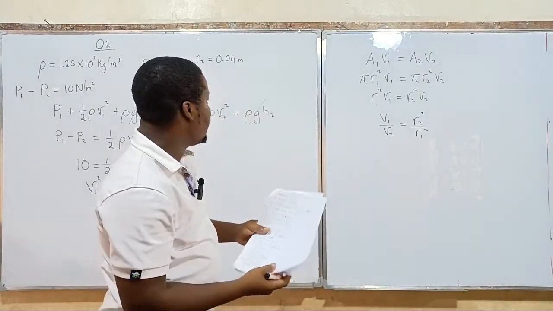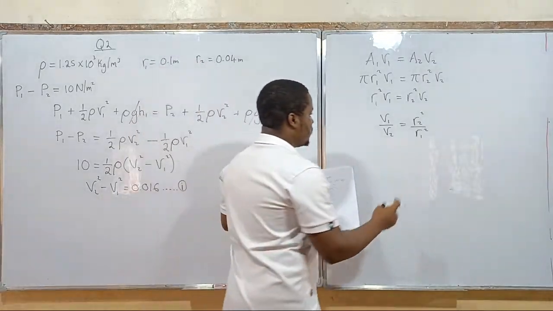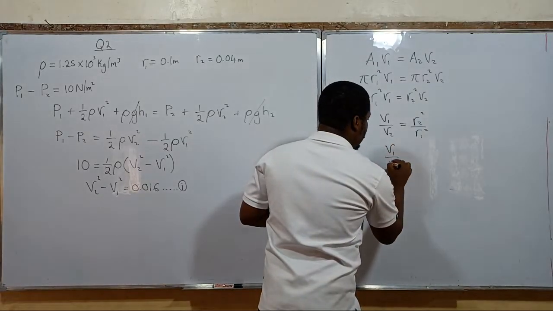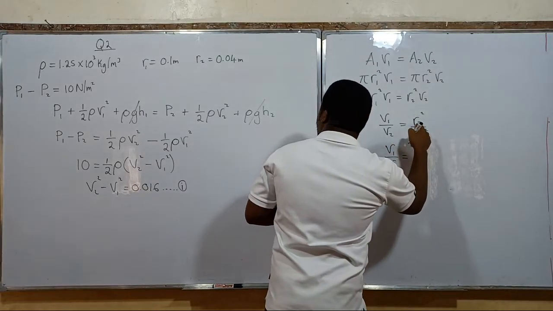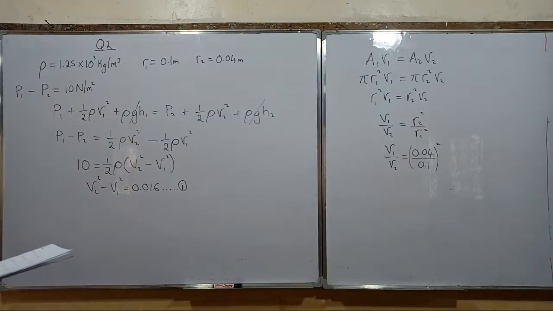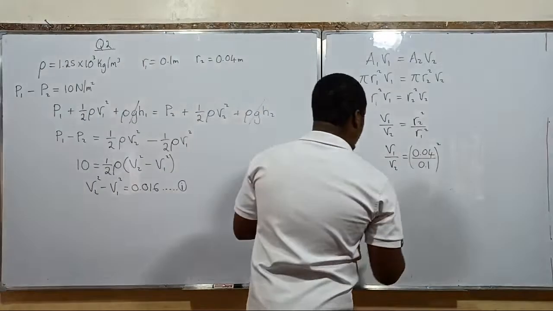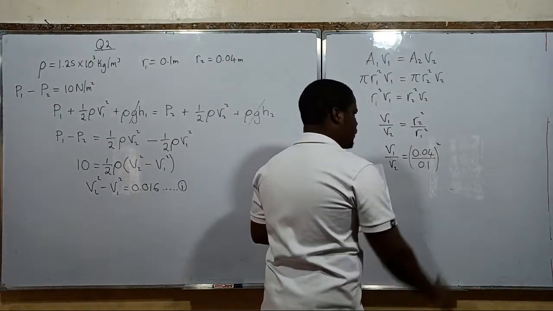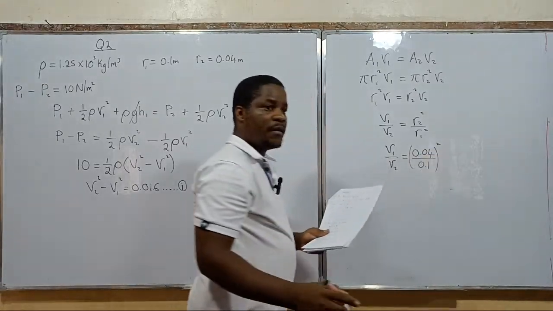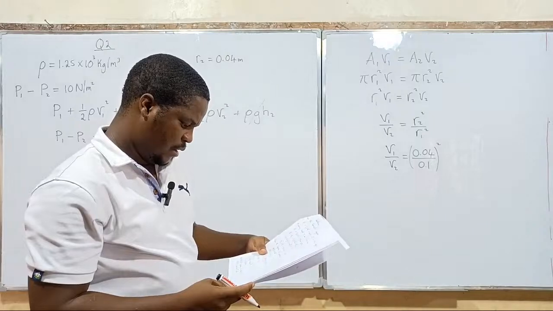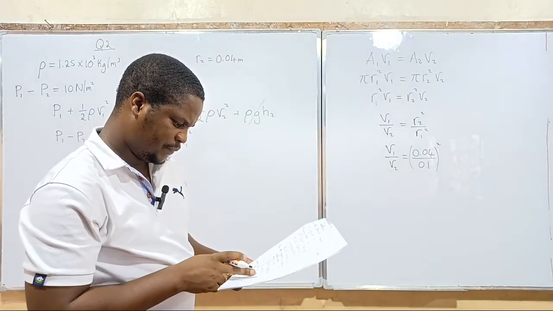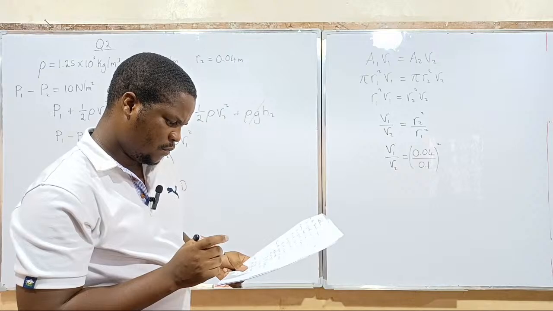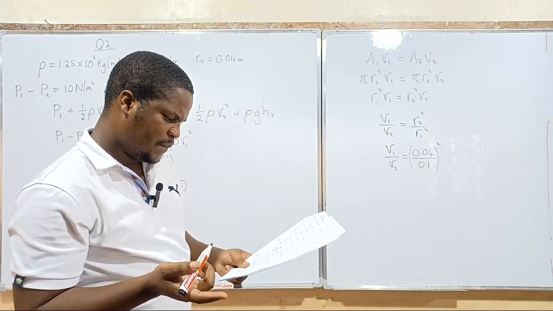Now, since we have the values of R, we can say V1 over V2 is equal to, what is R2? Remember there's a square. Mine is 0.16.